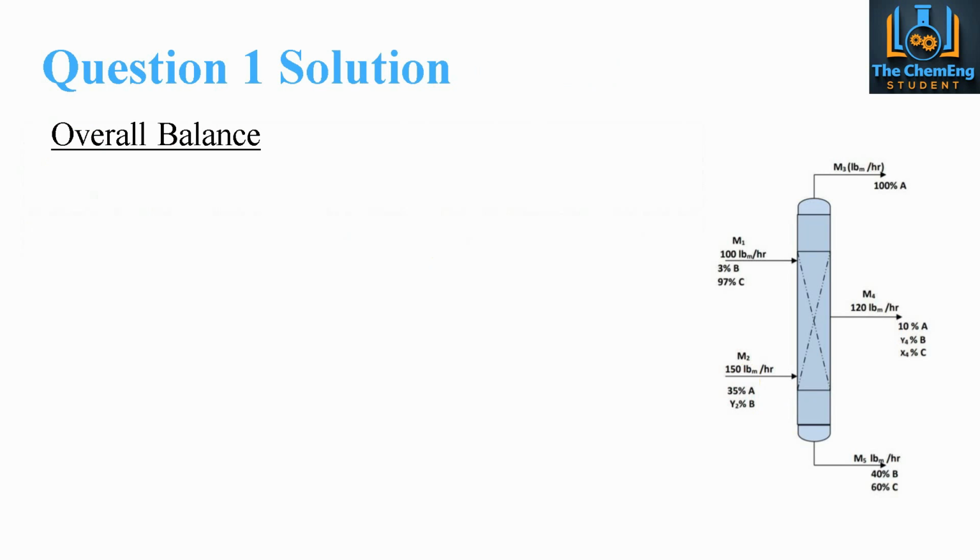So the first thing that we'll do is perform an overall balance on the flow rates only. So we know that coming into the system we have M1 plus M2. That must be equal to what comes out of the system, i.e. M3, M4 and M5. So that's where we get this equation here.